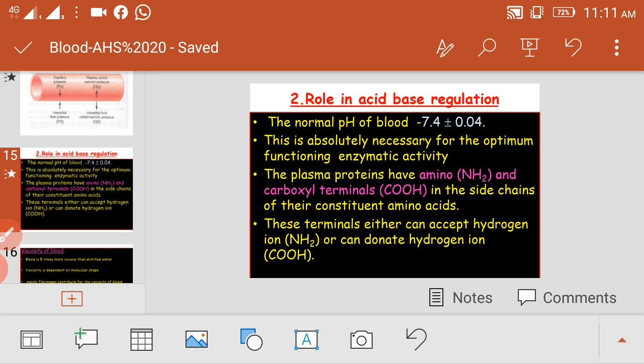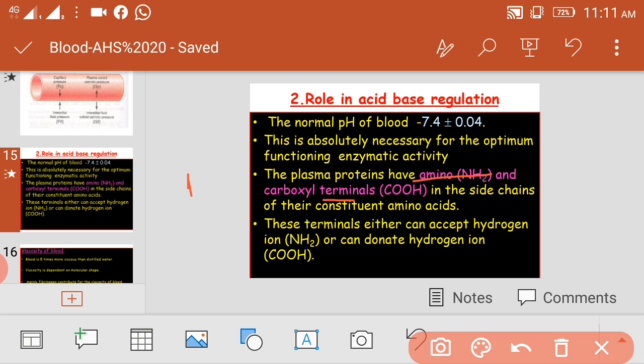The plasma protein has both amino and carboxyl terminals, which means it contains both acidic and basic amino acids. So if acidity increases, it will either accept or donate the hydrogen ion. So it has a dual function because of the presence of amino and carboxyl terminals.